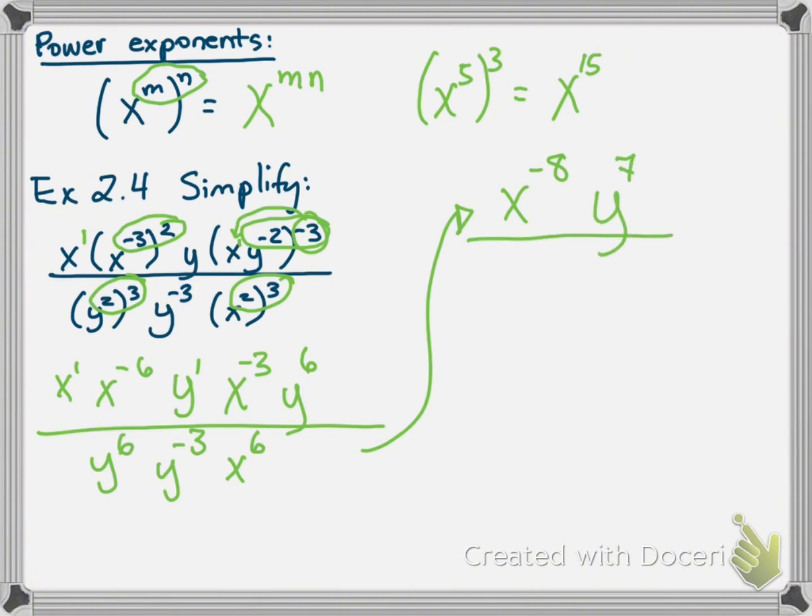We do the same on the bottom. 6 minus 3 is 3. And then x to the 6 stays the same. Finally, we're going to subtract negative 8 minus 6. And for the y's, we have 7 minus 3. The final answer will be x to the negative 14, and y to the 4.